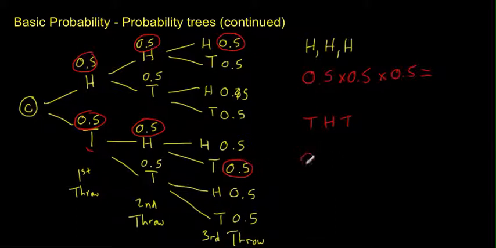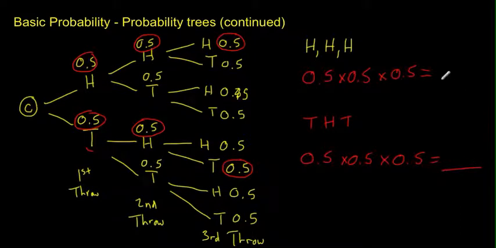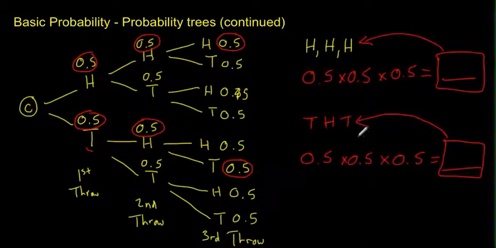So it's going to be 0.5 times 0.5 times 0.5. Multiply that out, and that will give you the probability of getting tails, heads, and tails. This answer here, which we'll calculate in a few seconds, tells you the probability of getting that outcome. Okay?